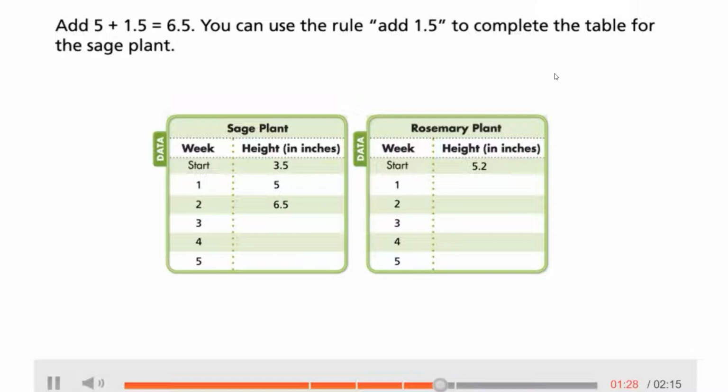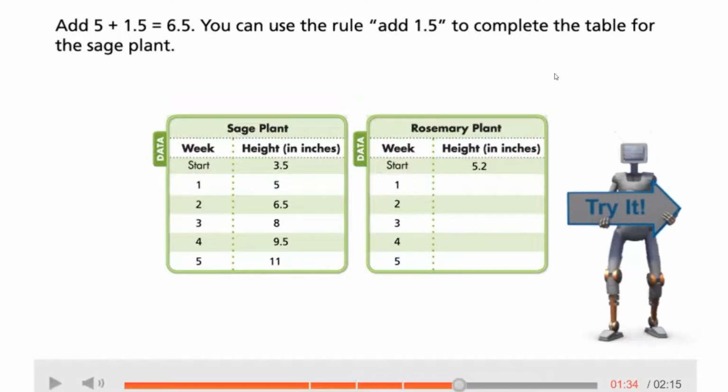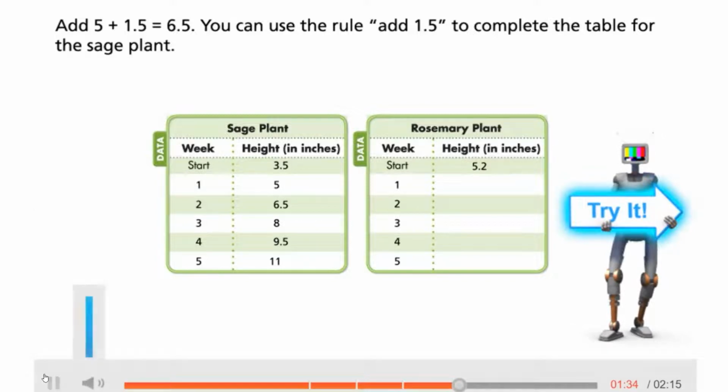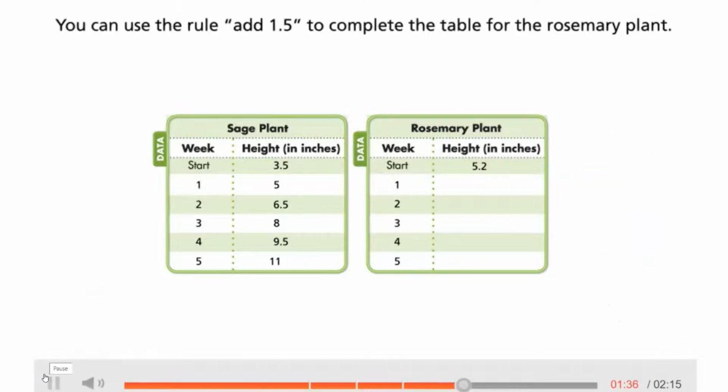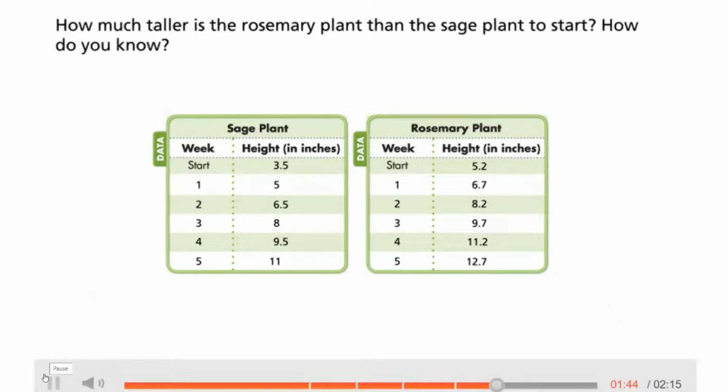You can use the rule add 1 5/10 to complete the table for the sage plant. You can use the rule add 1 5/10 to complete the table for the rosemary plant. How much taller is the rosemary plant than the sage plant to start? How do you know?